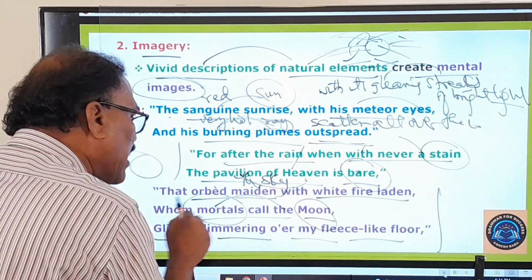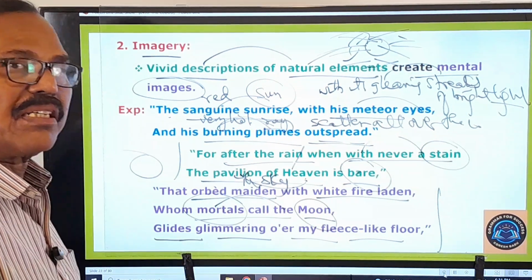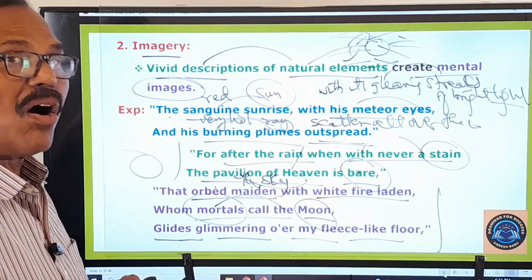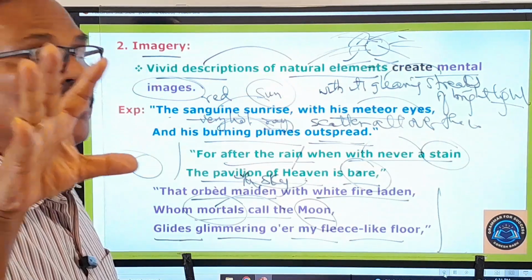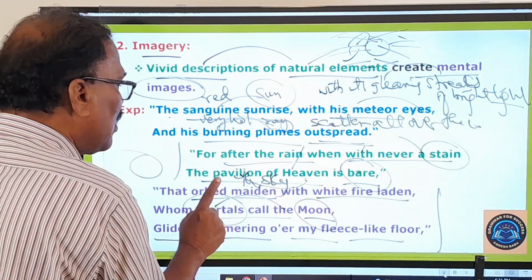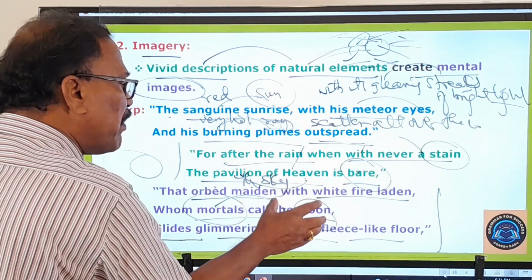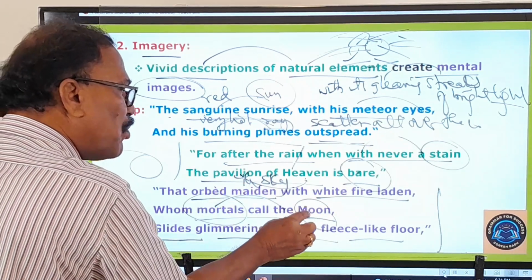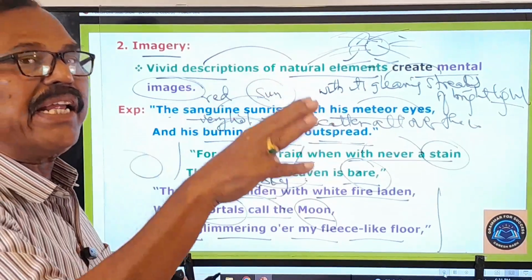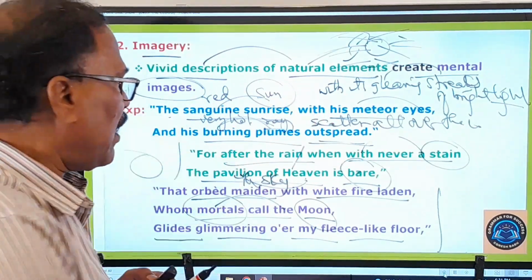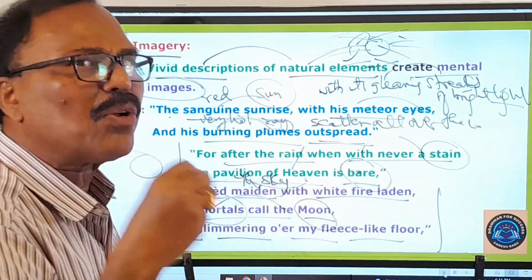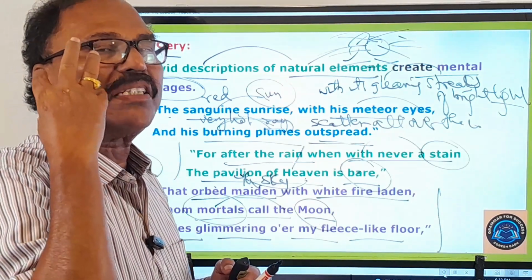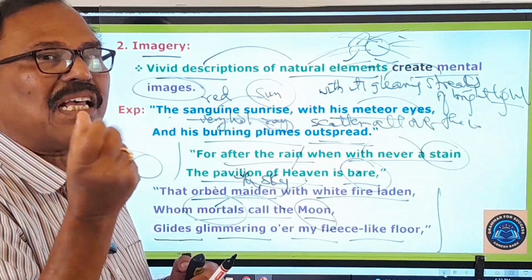And the ancestors or the mortals, what did they call it? They call that woman the moon. So these mortals called this circular maiden the moon. So this moon is described in these lines, and this moon is always filled with bright, cool light. White means here cool, and what's that? Peaceful. Okay, light is also very cool.